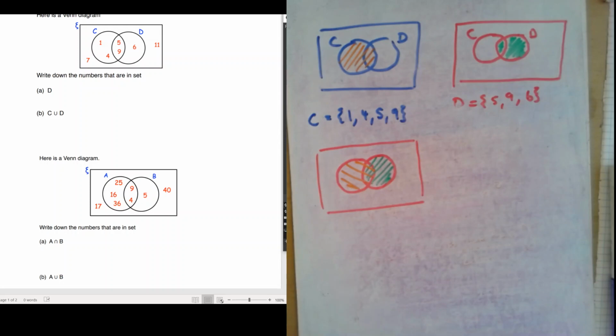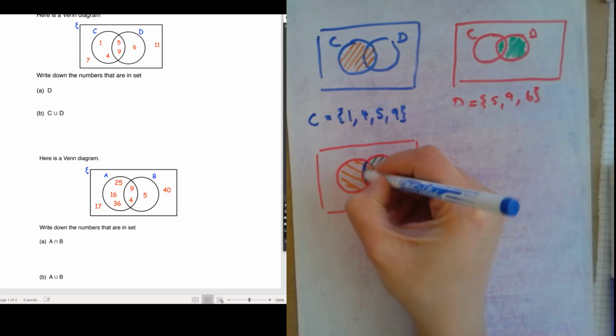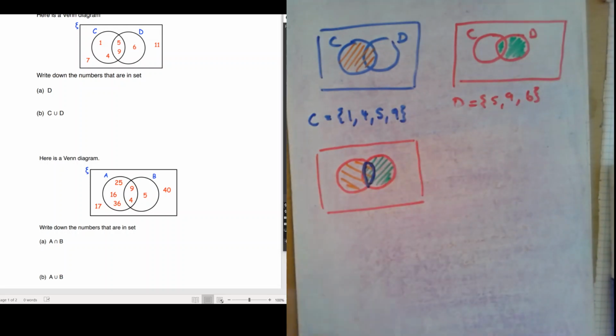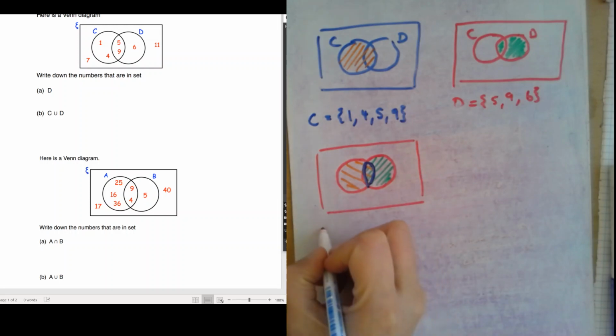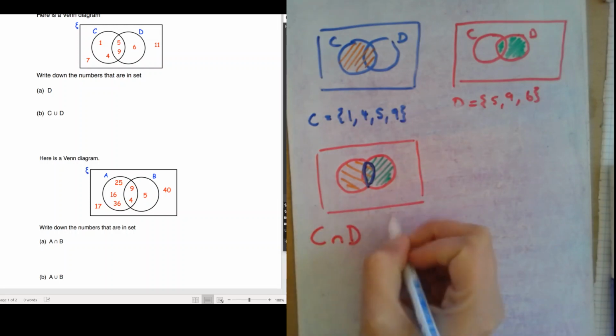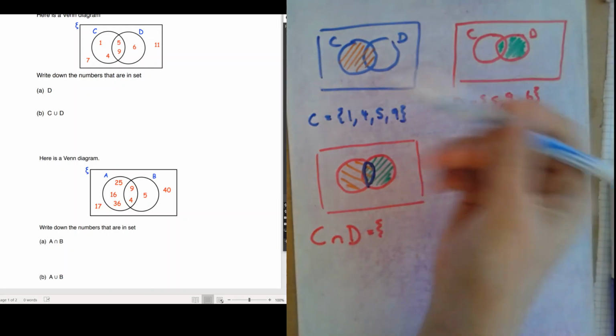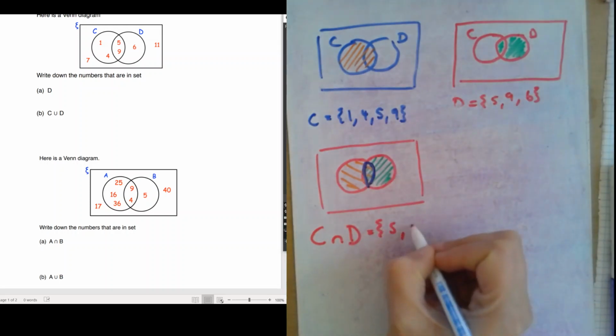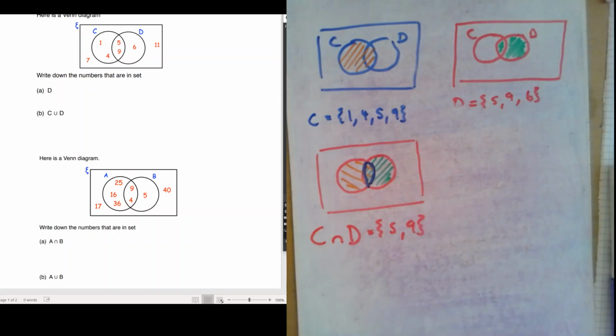So I need to look at which section contains both green and orange. The section that contains both the green and the orange is this section right here. So that would be my C and D, which in this case, just taking those 2 numbers within this area, will be 5 and 9.